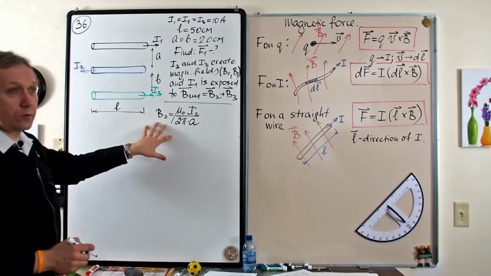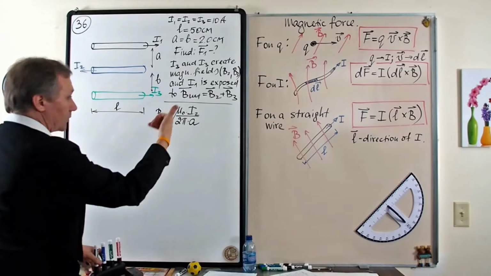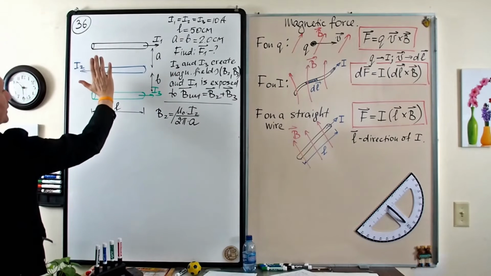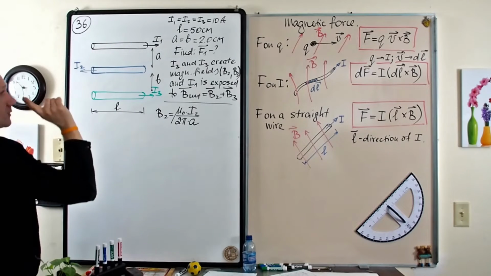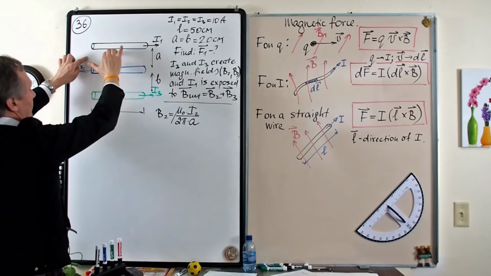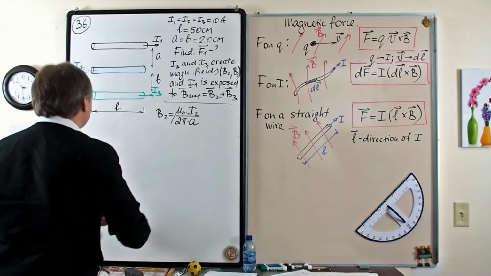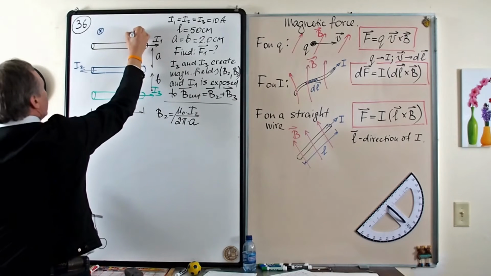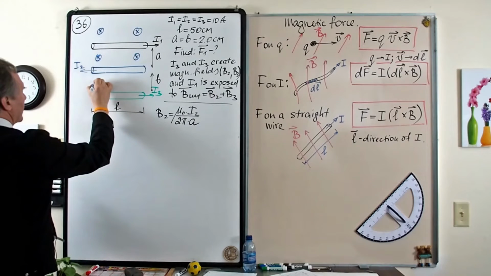And what's the direction of this magnetic field at the place where the wire I1 is? Right hand rule number 2. Outstretch your thumb in the direction of the current I2, and your fingers curled around the wire give you direction of the magnetic field above and below, right? Above, magnetic field is going to be into the board, it's a cross. I will use blue. So that will be our B2. Below, we're going to have dots.